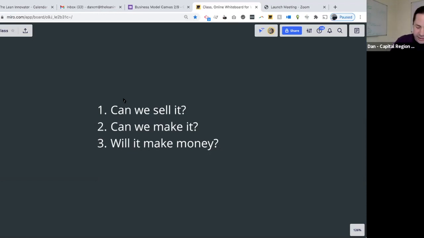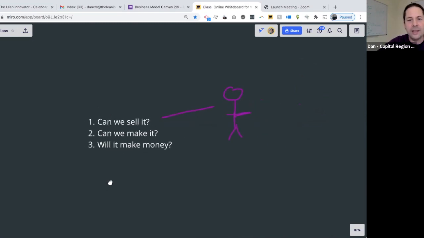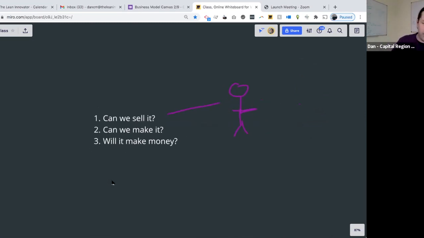So it's basically like this. Are there people that I can actually help out with my thing? Do they want what I have? And then the second thing is, if they want what I'm promising, can I actually deliver on it? And I'm just going to make a very badly drawn gear there.